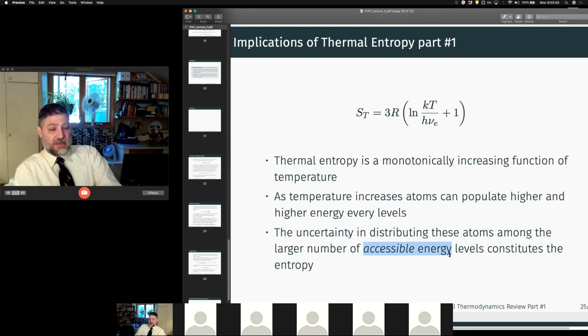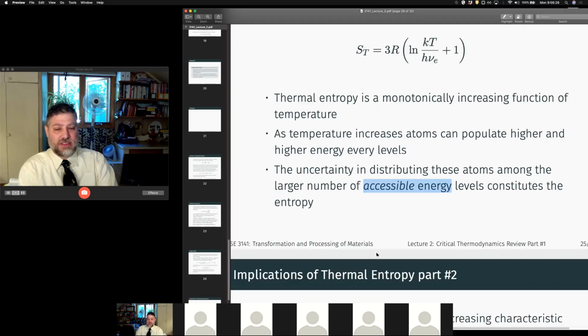And this is where the quantum mechanics aspect comes in, because classical physics basically says all of these energy levels are accessible because I can have fractional bits, right? But quantum mechanics says no, you got to make the jump in a quantized state from one energy level to the next, right? So we have this key concept.